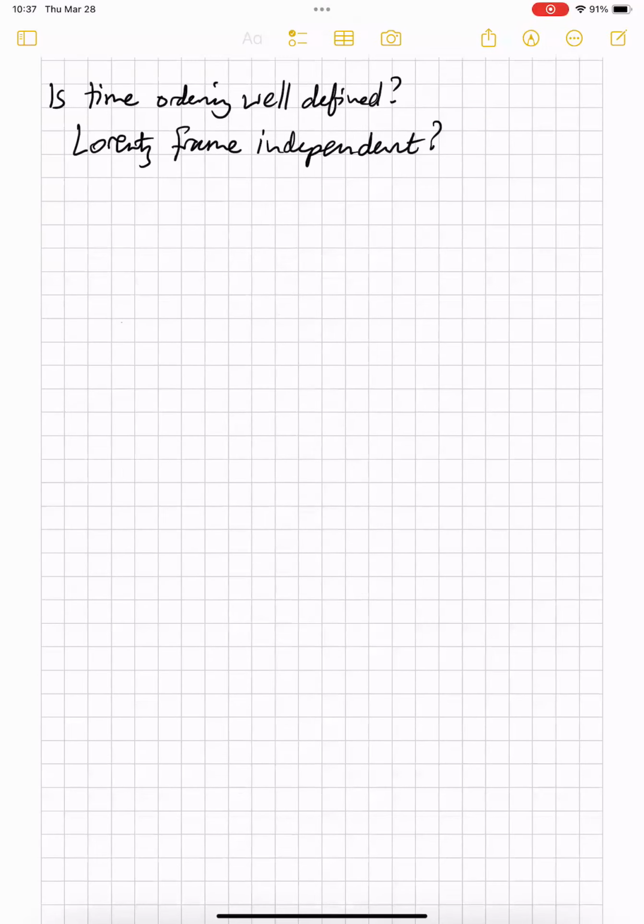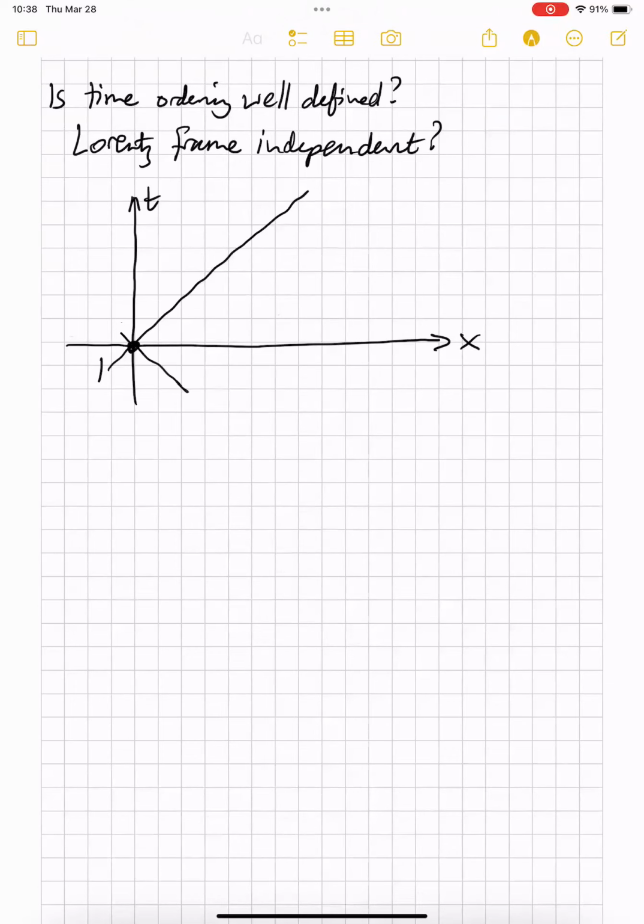Okay, so now why is this an issue? Well, let's imagine that we're in some frame with this t, and here is x. We have one event, which is over here at 1. Here is the light cone. There's the one leg of the light cone. Here is the other leg of the light cone.